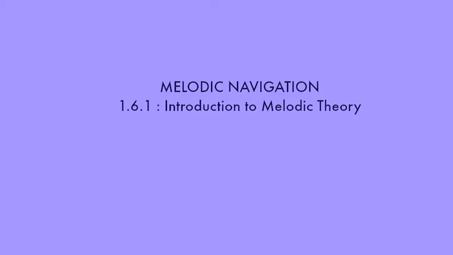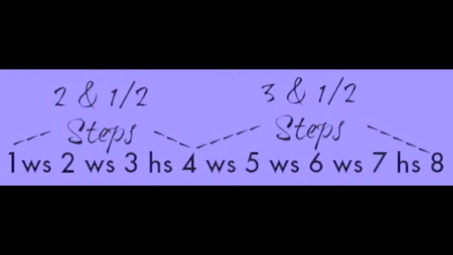So remember our first exercise, you would say the name of the interval, then the name of the step out loud, and the name of the next interval while you're playing at the same time. Hopefully in time, but for right now, you don't have to put it in time. So remember, we'd go 1, whole step 2, whole step 3, half step 4, whole step 5, whole step 6, whole step 7, half step 8, and then backwards, okay? 8, half step 7, whole step 6, whole step 5, whole step 4, half step 3, whole step 2, whole step 1.